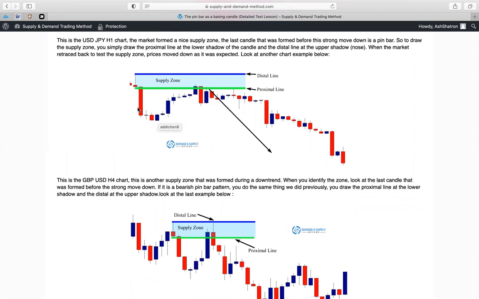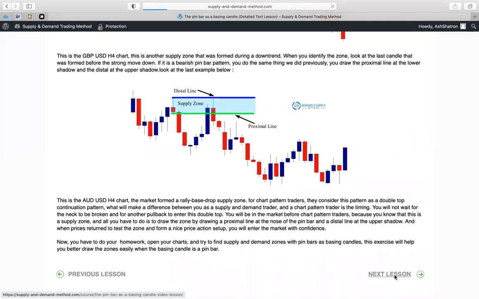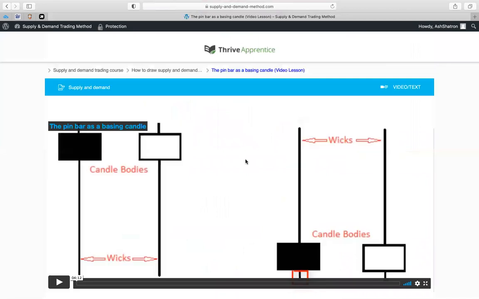Once you have this strong candlestick to the downside, then you look for the candlestick before the rally. So this was the candlestick before the drop. The proximal line is going to be on the low, right? For a supply zone, it's going to be on the low, and then your distal line is going to be on the last wick. I'll show you examples on real life charts so you can actually see how it works.